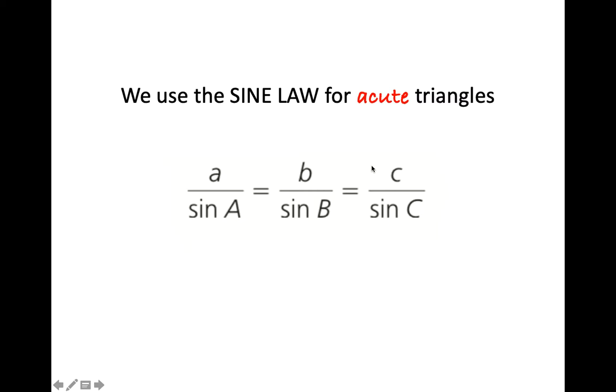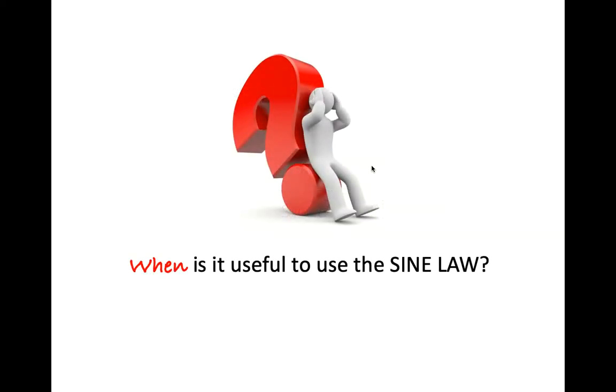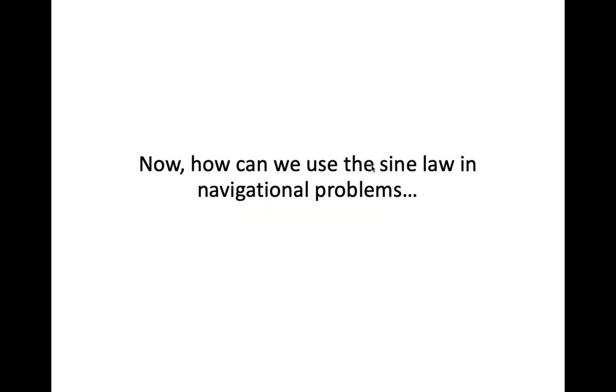As long as all of them have one thing on the top and the same thing on the bottom, then you're in good shape. So remember as well that the beauty of the sine law is that it gives us some strategies for solving triangles when they do not have a right angle. So if they're just an ordinary acute triangle, we can jump into using the law of sines.